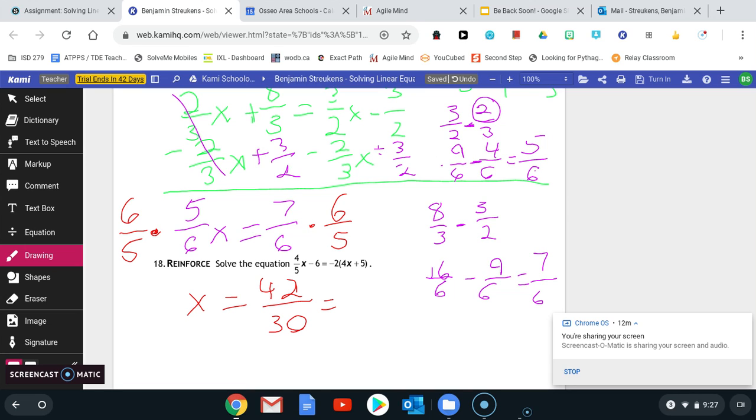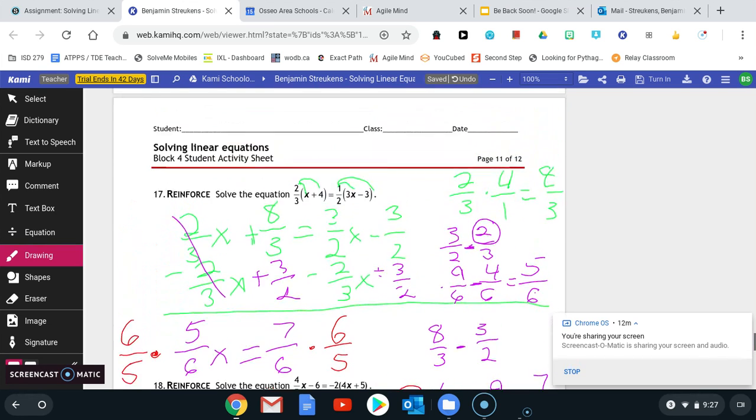I can simplify it because they're both even numbers, so that's 21 over 15. Again, I see a number that can go in both 21 and 15, and that's 3. So it's going to equal 7 over 5. I know that was a lot and a lot of fractions, but that's how you do that problem.